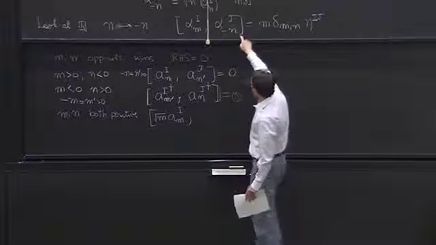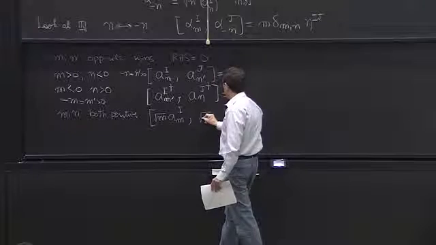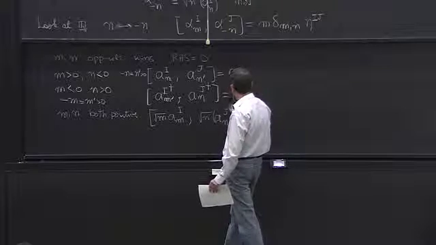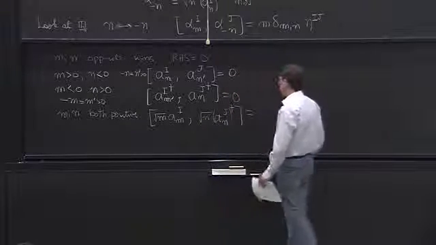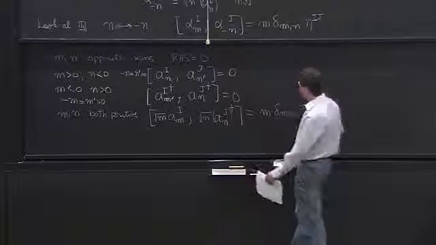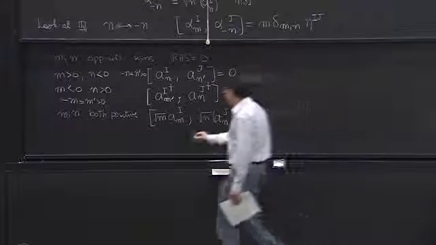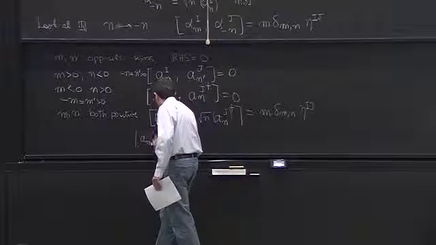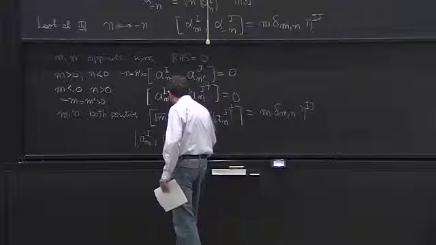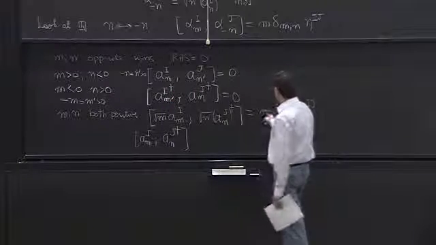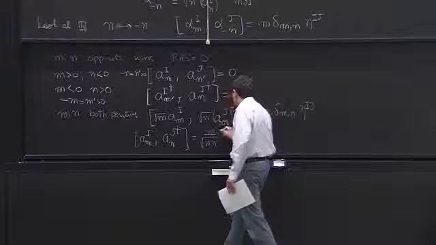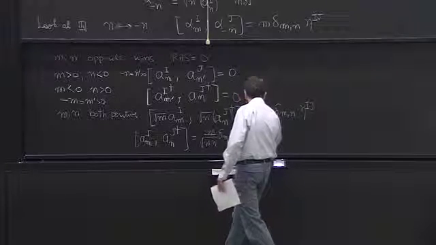Now, n is also positive, so you now use the other equation, square root of n, a n j dagger. And this will be equal to m delta m n eta i j. So what do we get from here? We get a m i, a n j dagger is equal to m over square root of m n, delta m n, eta i j.